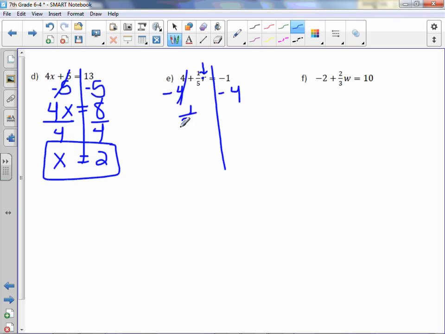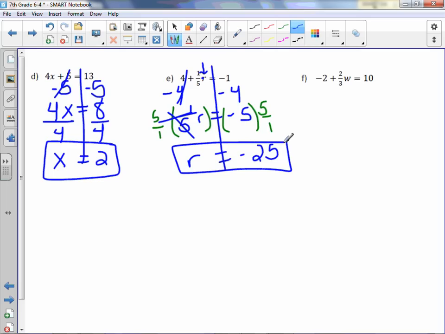So I have 1/5 r equals negative 5. And remember here we multiply by the reciprocal. And we get r equals negative 25. It would be negative 25 over 1, which reduces to negative 25.